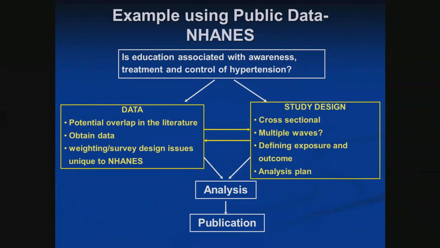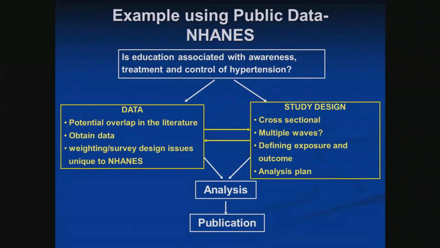But then there were a couple of other issues with the data. One is that often surveys have their own unique analytical issues. One of them is weighting. Weights are often used in surveys to account for either oversampling or undersampling or people who are missing.